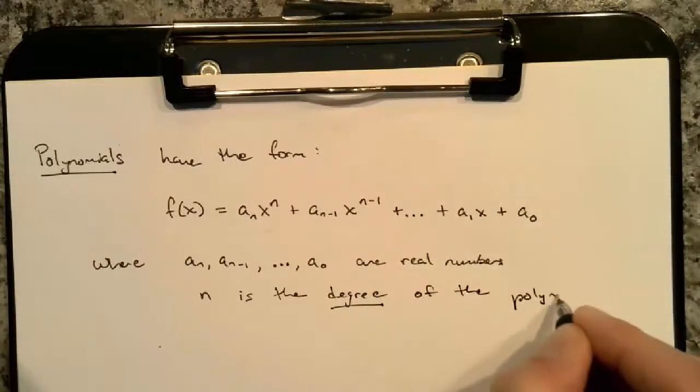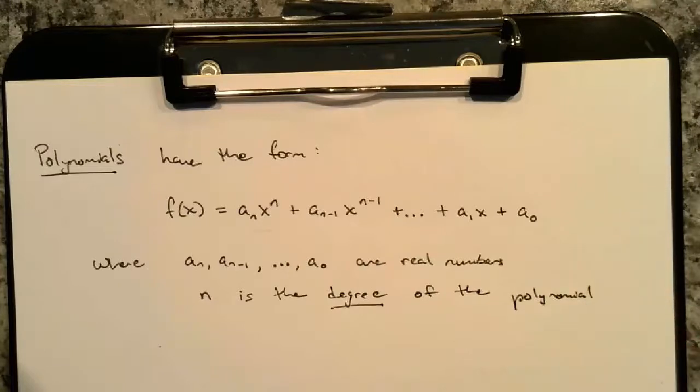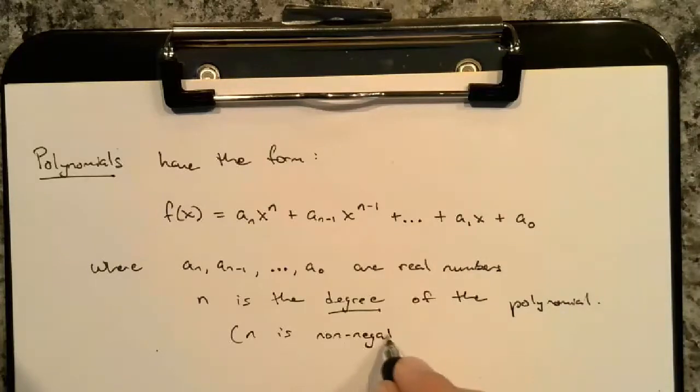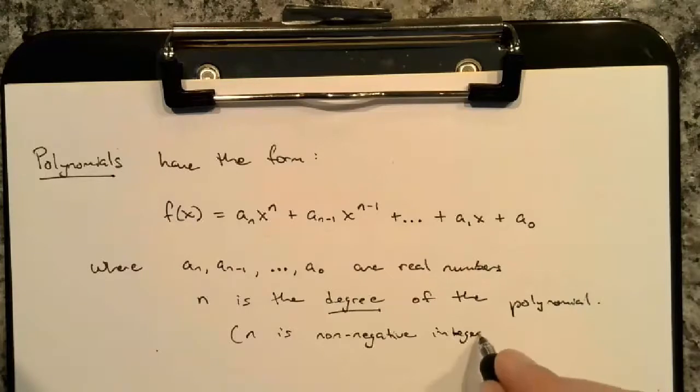So when I say the degree, I'm looking at the highest power you see, and the important thing about n is that n is a non-negative integer. In other words, a whole number.